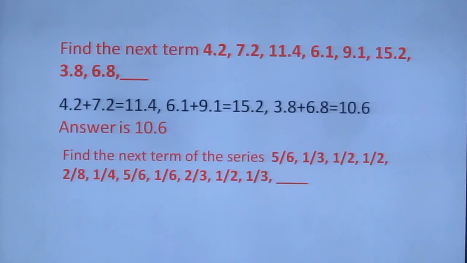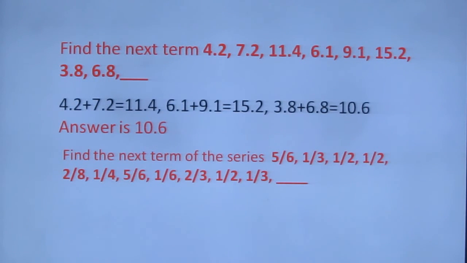Next question. Find the next term of the series. 5 by 6, 1 by 3, 1 by 2, 1 by 2, 2 by 8, 1 by 4, 5 by 6, 1 by 6, 2 by 3, 1 by 2, 1 by 3. Even though they have given it in fractions, how to solve this question quickly? I will suggest one easy way.